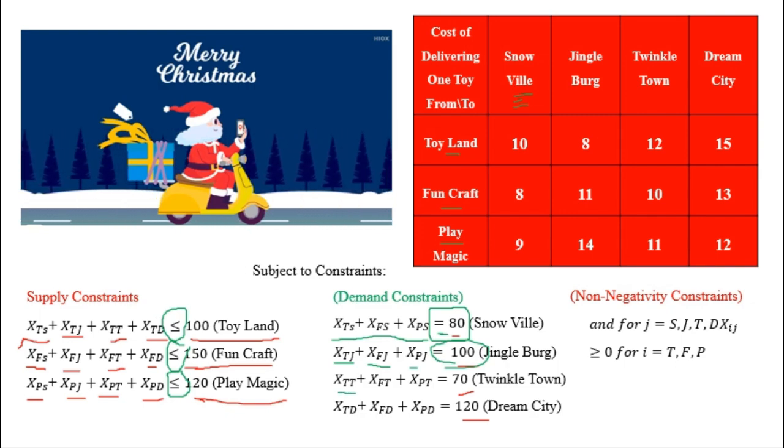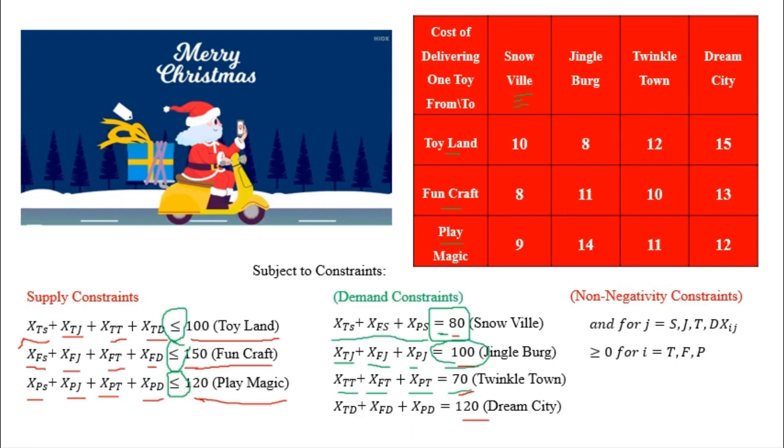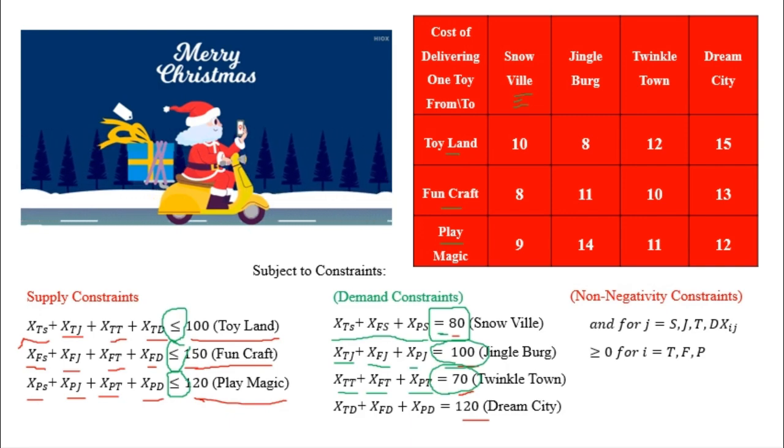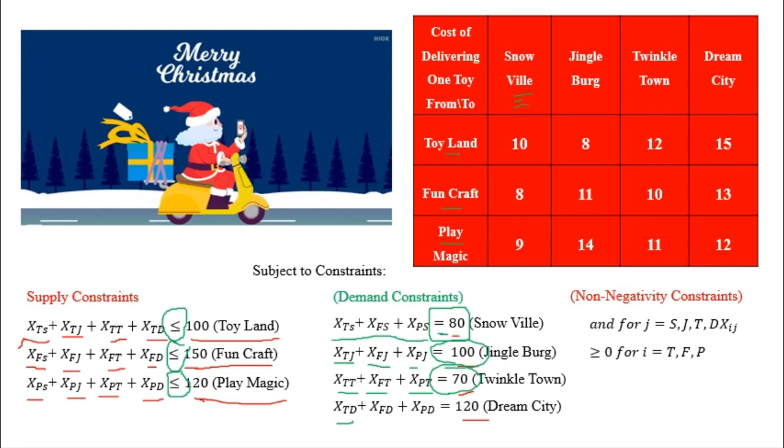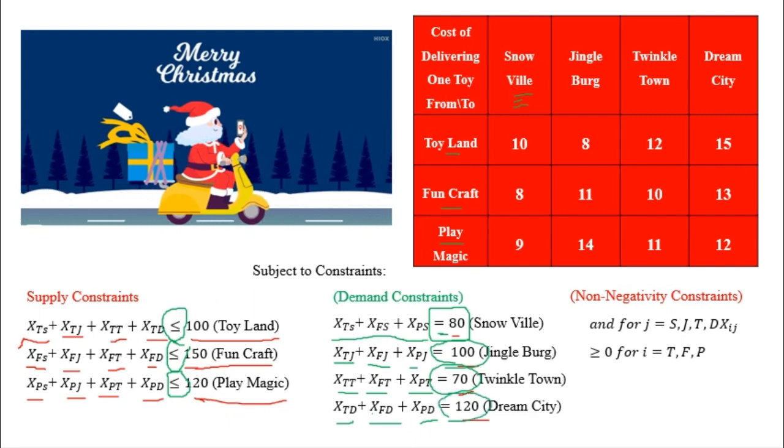That is XTT, quantities of toys from Toyland to Twinkletown, plus quantities of toys from Funcraft to Twinkletown, plus quantities of toys from Play Magic to Twinkletown should be equal to its demand of 70 toys. Likewise, for the last city, Dream City, quantities of toys going from Toyland to Dream City, XTD, plus XFD, quantities of toys going from Funcraft to Dream City, plus quantities of toys going from Play Magic to Dream City should be equal to its demand of 120 toys.